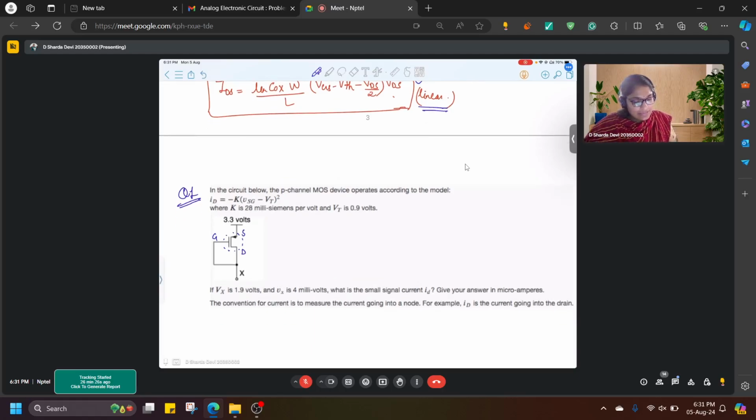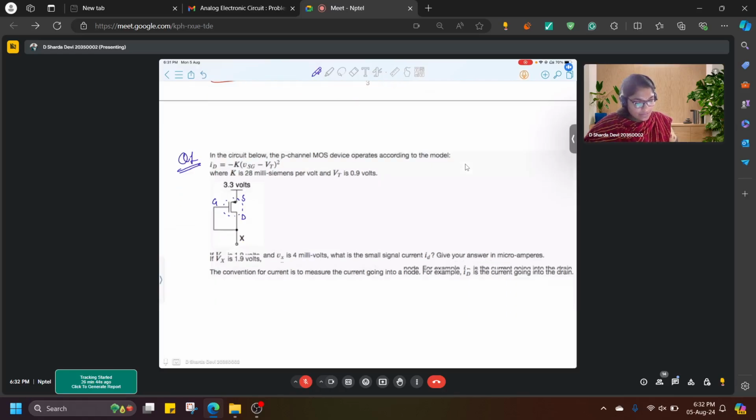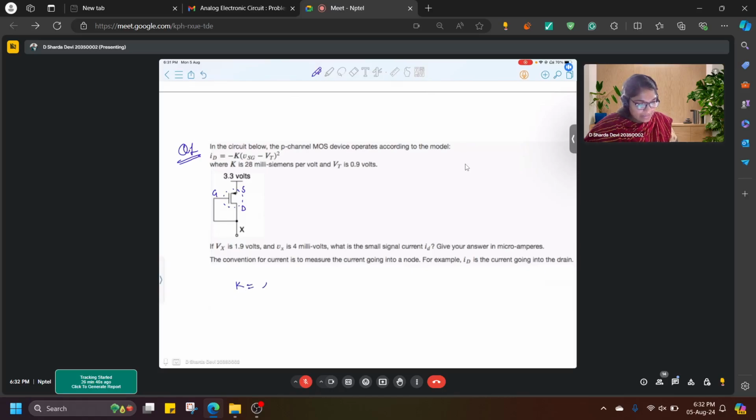And here the current equation is minus K. Why minus? Because this is for P-type. So that's why minus K times (VSG minus VT) whole square. So here we understand that K is mu P Cox W upon 2L, and this is in saturation.